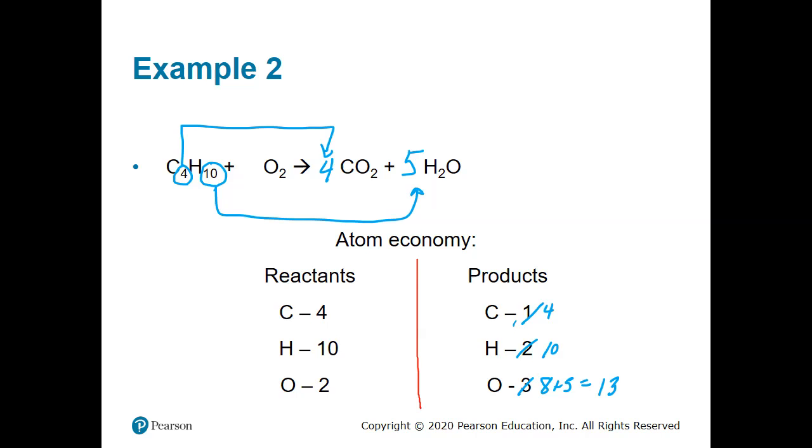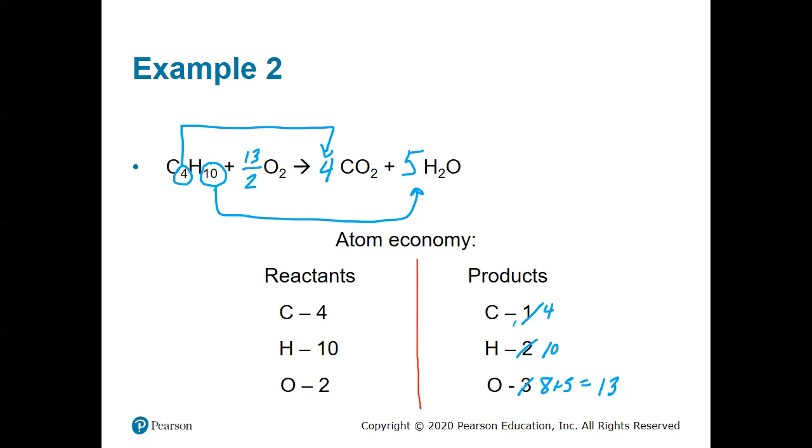This one's not so easy. It's 13 divided by 2. 6.5. How do I get half of the molecule? Yeah. Okay, so when that situation comes up, what we're going to do is this. We're going to keep it in fractional form, 13 over 2 here.